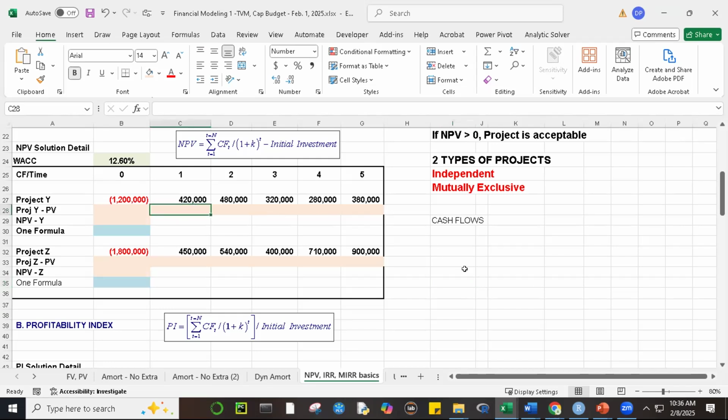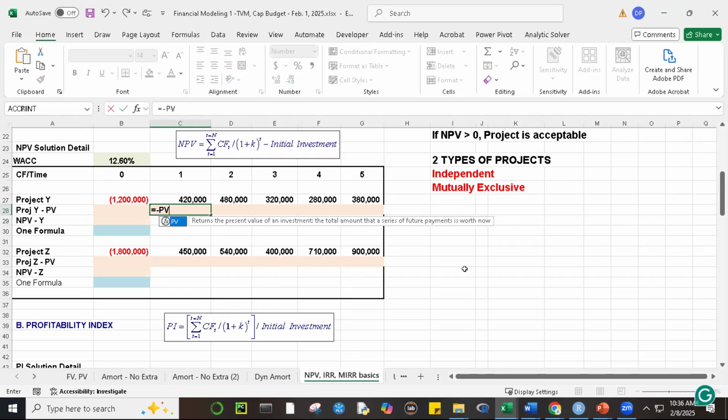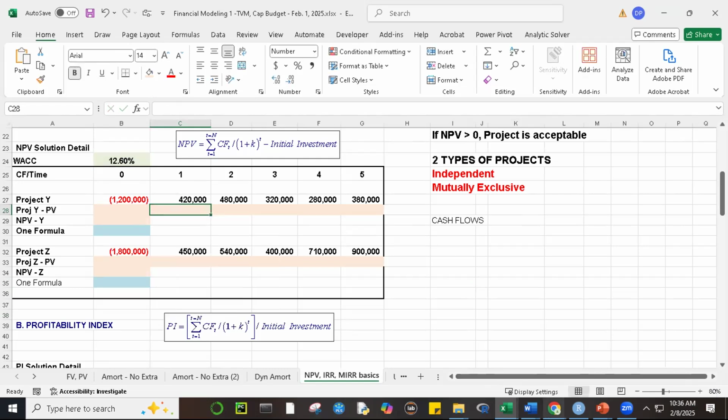So if we get the present value of this, let me use negative PV. The rate is 12%. This does not have a name. Let's give this a name so that we can fix this. Let's highlight this, then Control Shift F3.